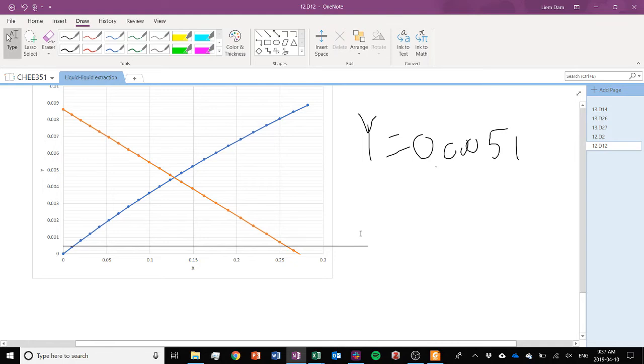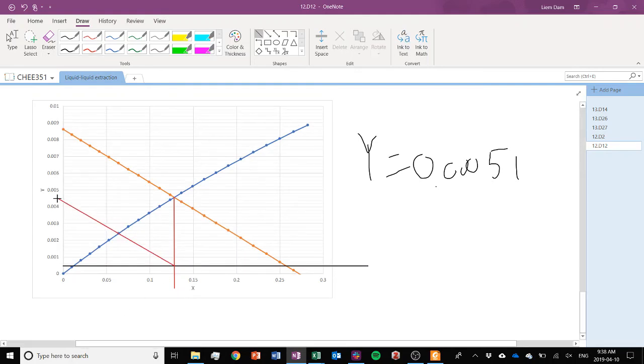So for the remaining operating lines, what you're going to do is right where the equilibrium and the operating lines intersect, you want to draw a vertical line straight down until you reach the inlet air concentration. Now you can draw your next operating line, which is going to have the exact same slope as your first operating line.